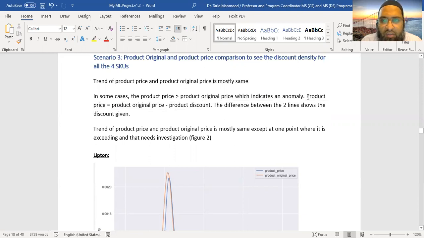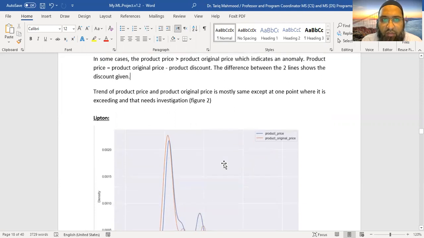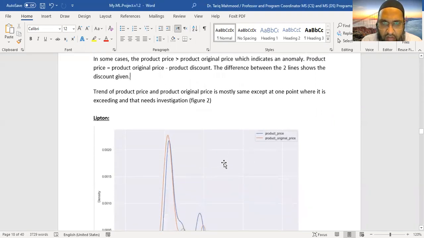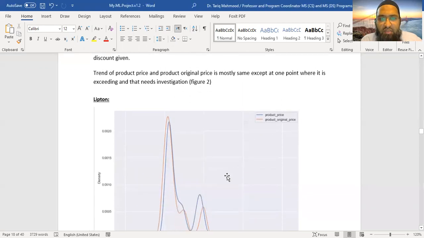So you can say this is the current product price and the original product price. So obviously, we would expect the original price to be always greater than the product price. So in some cases, we are getting this anomaly that the product price is greater than the original price. So at some point that is happening.